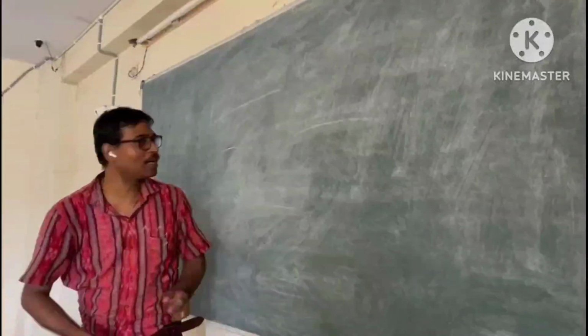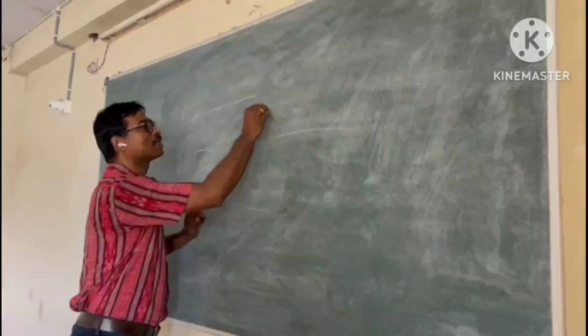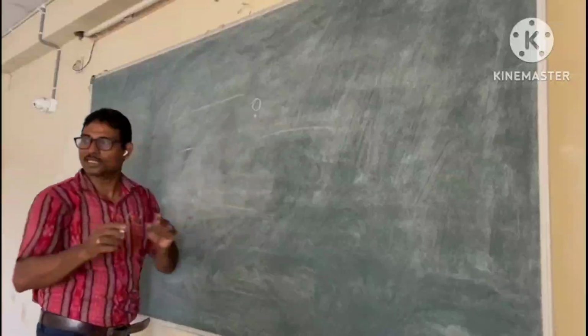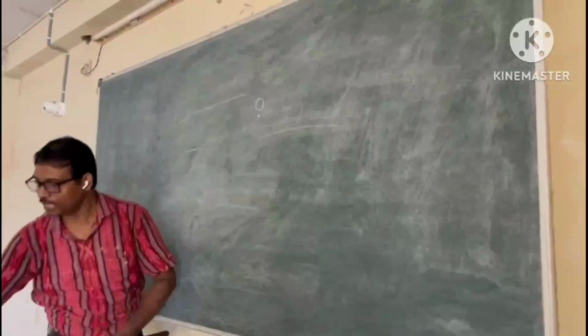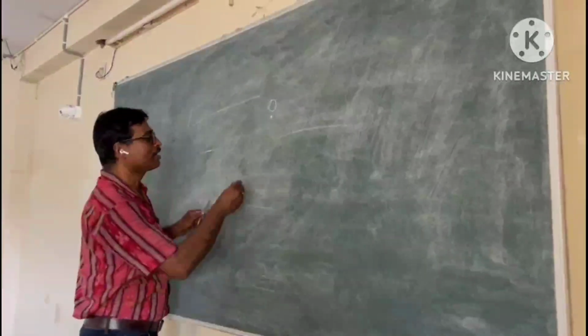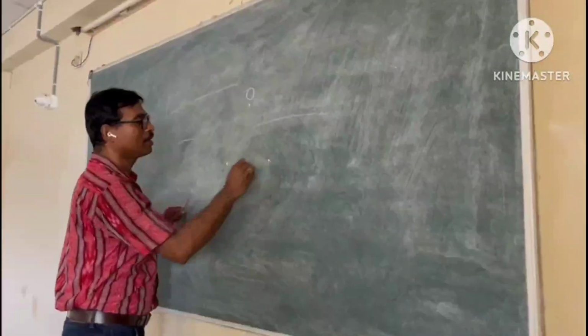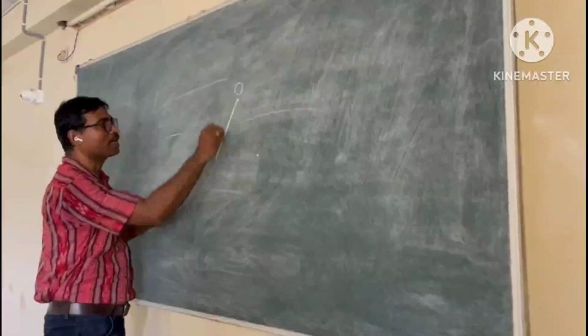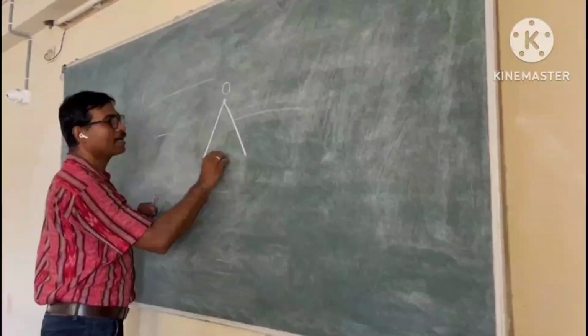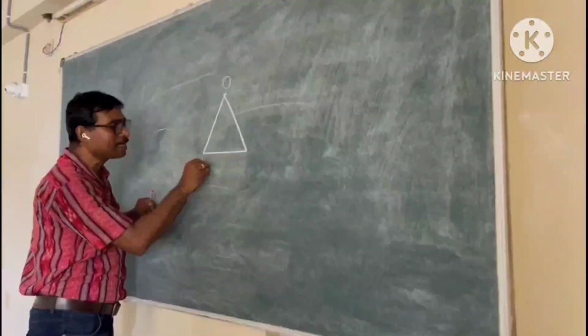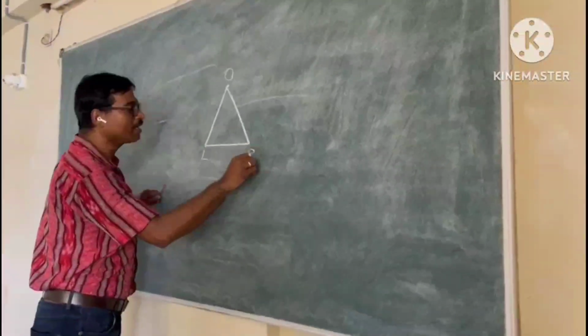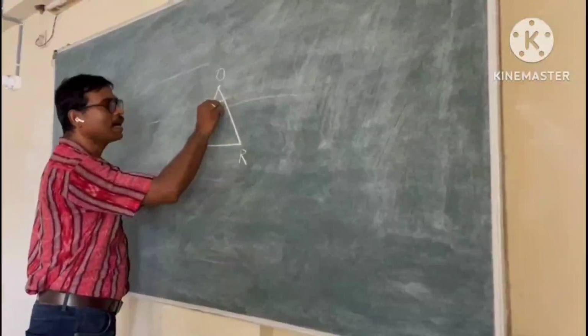Here suppose this is the object O. We are considering that it is a pen. This is the position of our left eye, and this is the position of our right eye. Now you connect these. It becomes one triangle. This is the left eye, this is the right eye. It makes angle theta.